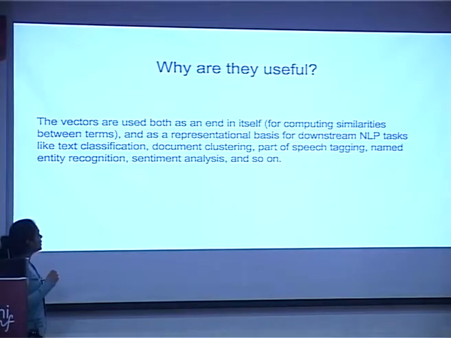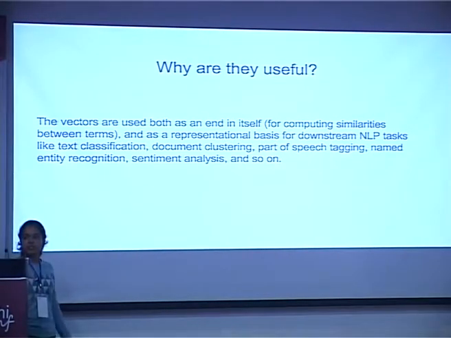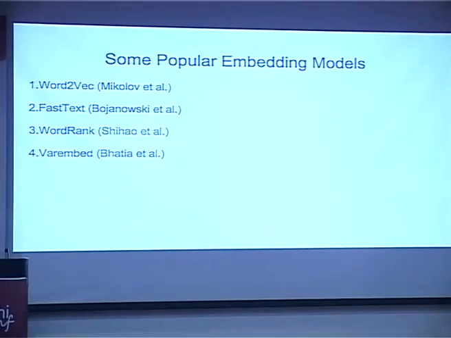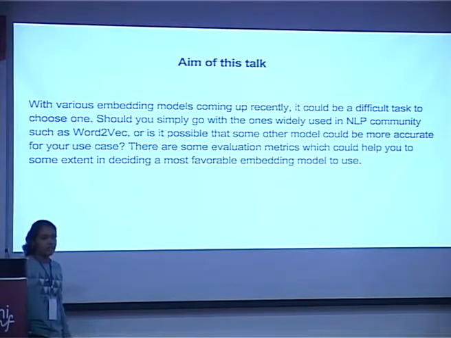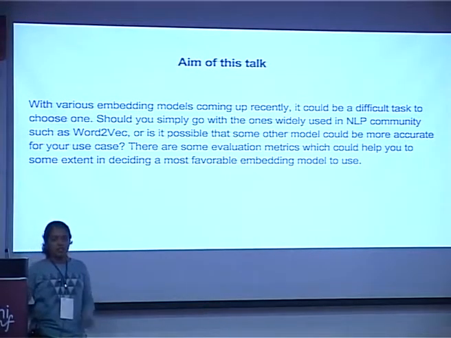That's the direct use. They are also used as a representational basis for downstream NLP tasks, mostly text classification, clustering, all these types of tasks. They use word embeddings as the basic representation. These are some examples of word embeddings. With so many embedding models coming up recently, it could be a difficult task to choose one.